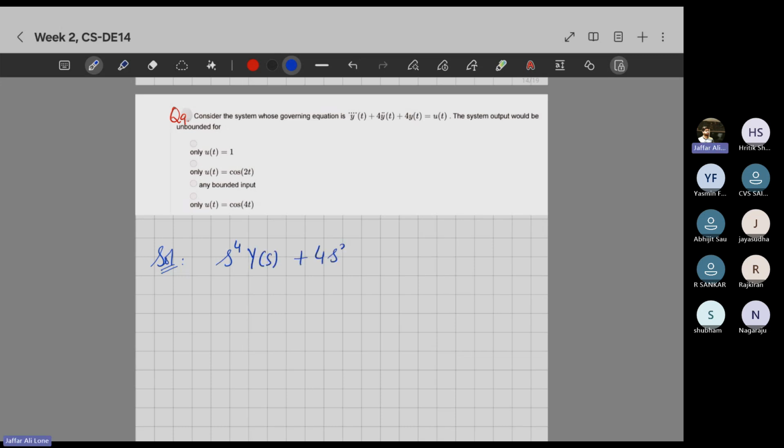4 into s squared Y of s, plus 4 into Y of s, equal to U of s. I'll just write the transfer function for you and you tell me the answer when the system output will be unbounded.